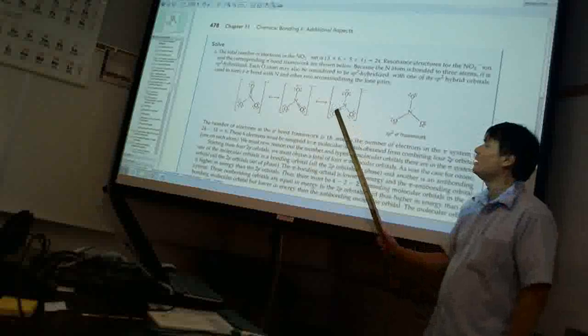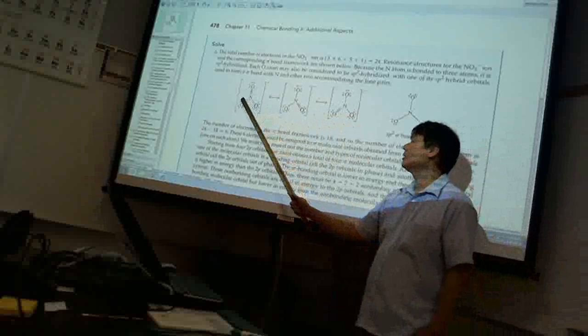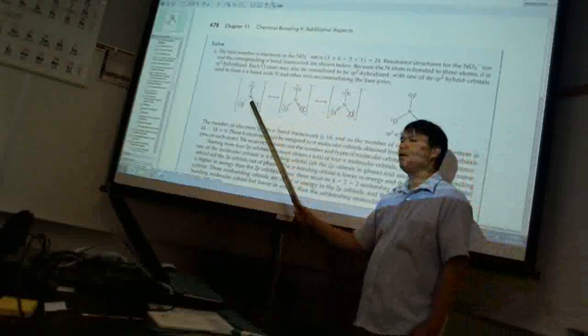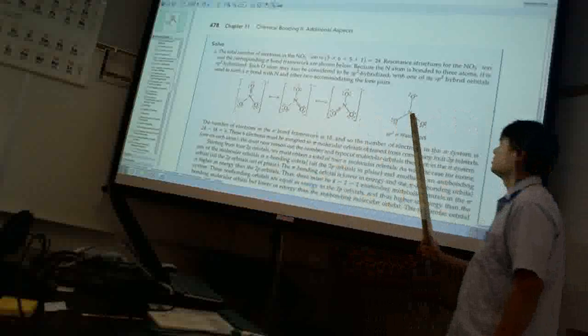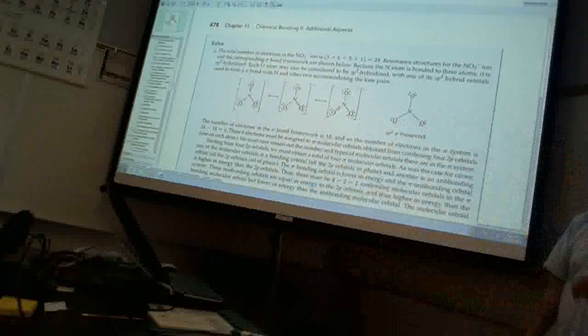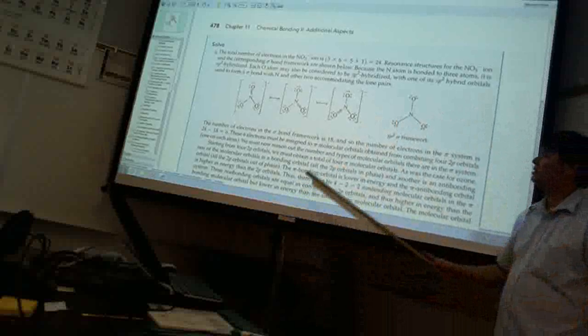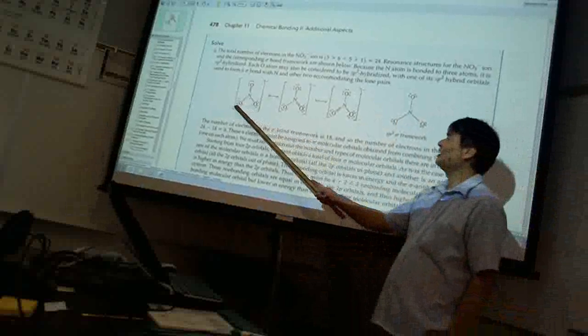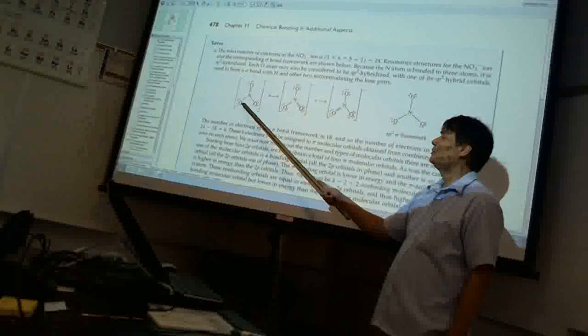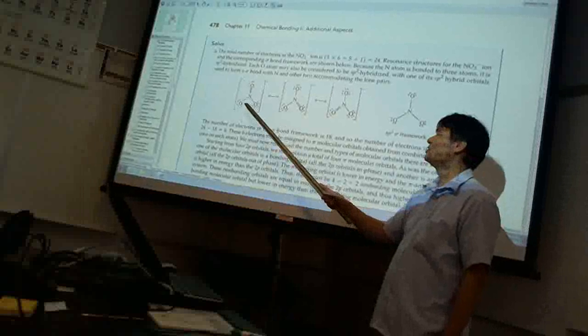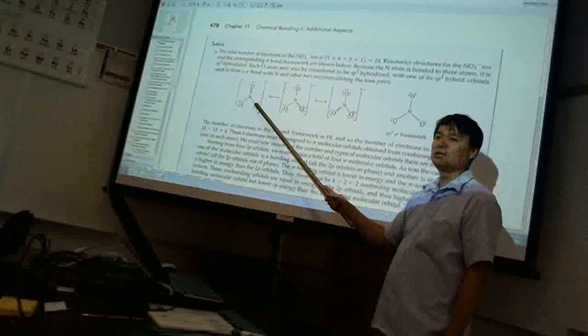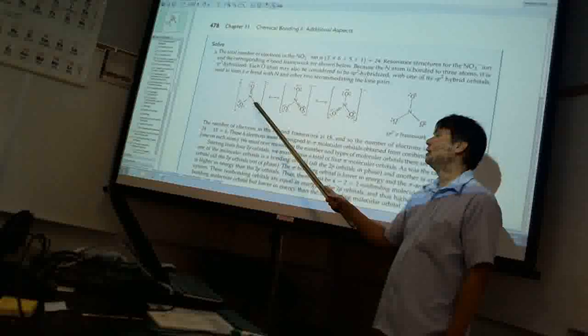And the pi bonding electrons are delocalized over all three oxygens, all three nitrogen-oxygen bonds. And so the best thing to do for this is to say, I'm not going to hybridize that sp3. sp3 would give you the minimum repulsion. Instead, we're going to hybridize these oxygens as sp2, and then put a lone pair in the p orbital.